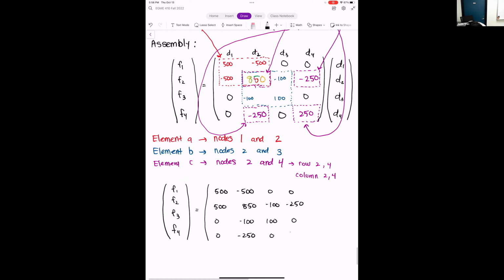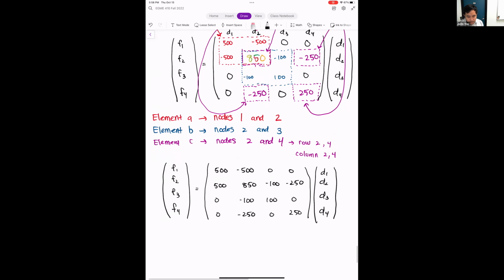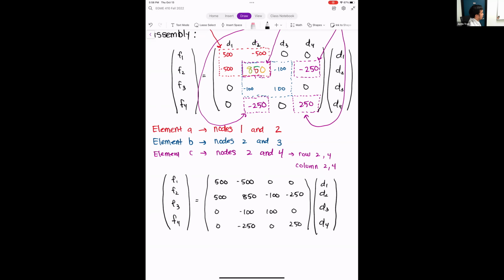Okay. All right. So there is our assembled system. And so we've gone ahead and added all the elements.